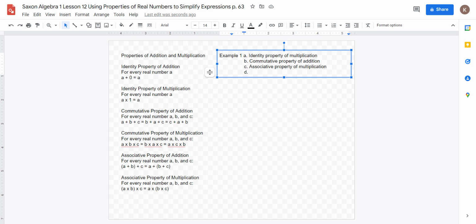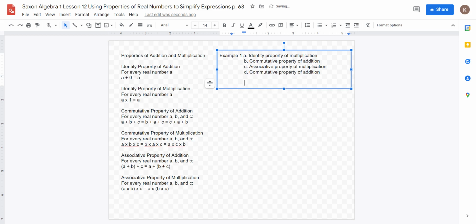Don't be fooled. Just because it's parentheses doesn't necessarily mean it's associative. You have to look at whether the order of the numbers is changing. And here, the only thing that's changing is the order of the numbers. I'm adding 12 and 9 in the first part, and then 9 plus 12 in the second part. This is the commutative property of addition.